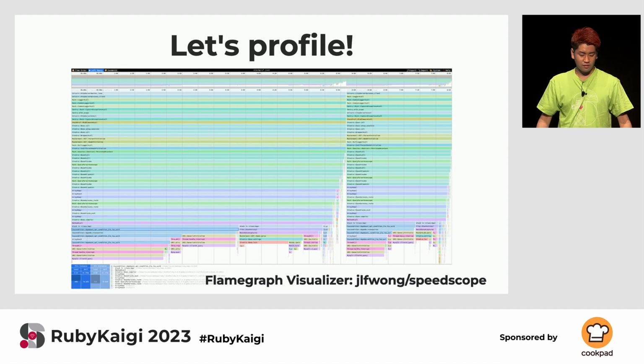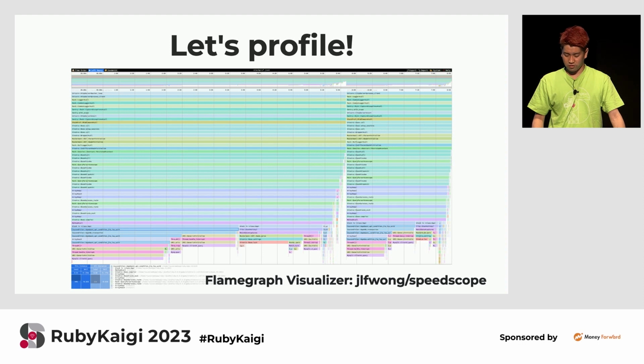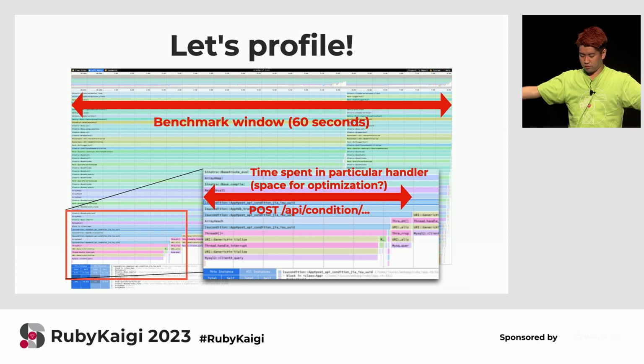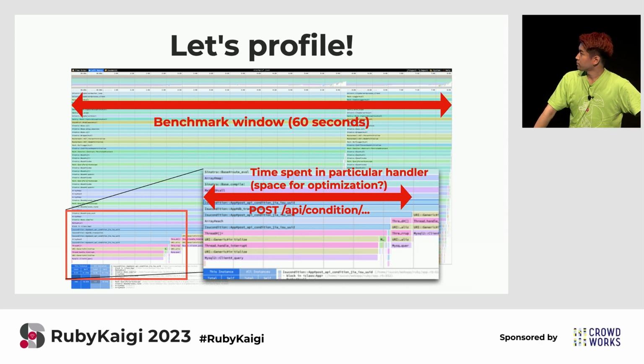This is the visualization of our profiling results. This is called a flame graph. Let's see how to read this. The horizontal axis is the benchmark window, and you see many bars here.